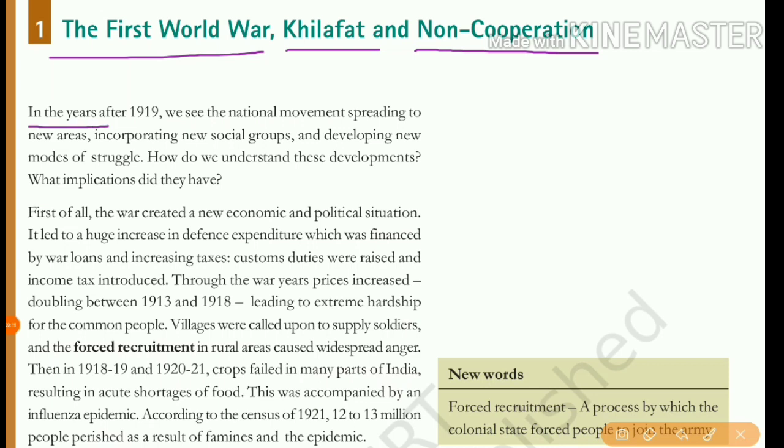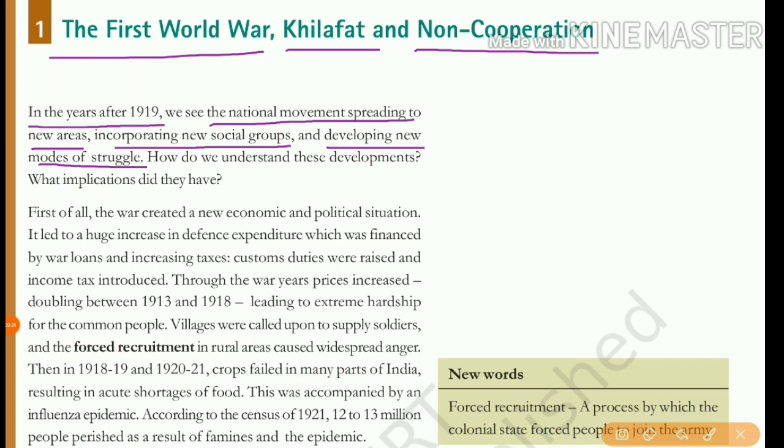In the years after 1919, we see the national movement spreading to new areas, incorporating new social groups and developing new modes of struggle.